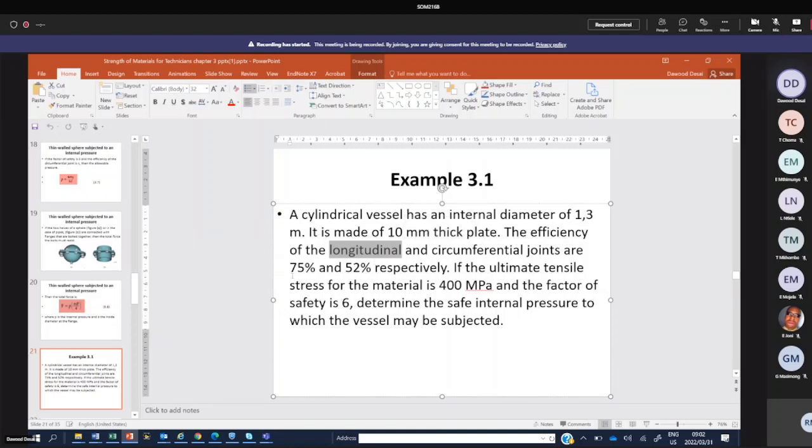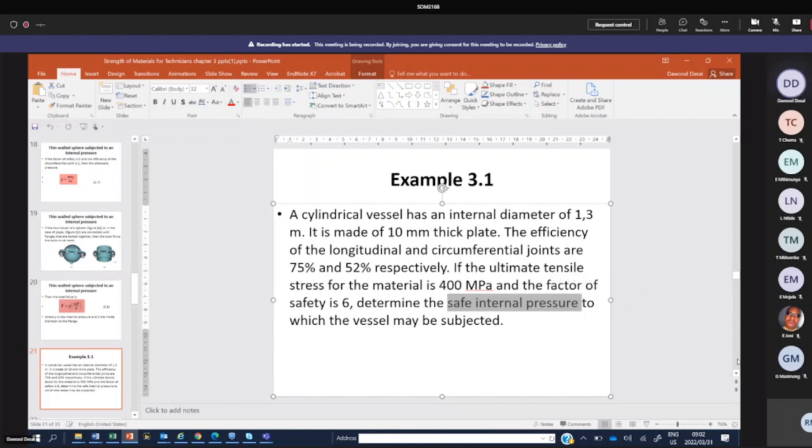So longitudinal is 75, circumferential is 25. They're giving you the stress, 400 megapascals, factor of safety of 6. They want to know the safe internal pressure. Read carefully. They're not asking you for PC or PL. So you've got to calculate both and choose the smaller one as your answer.